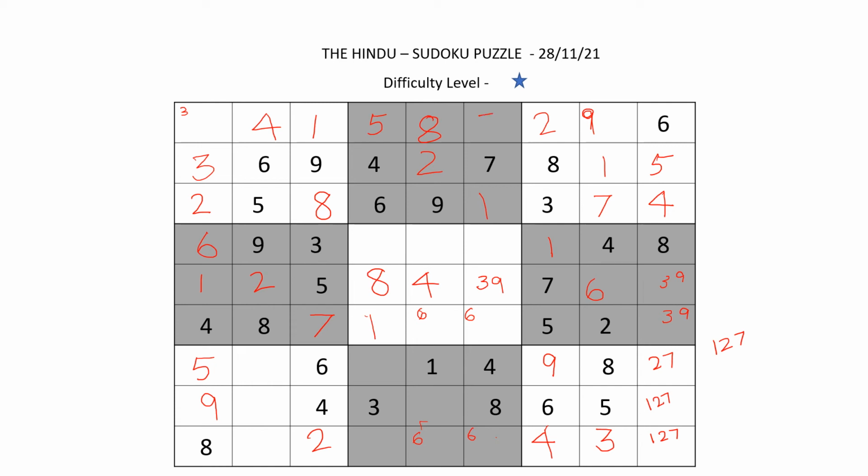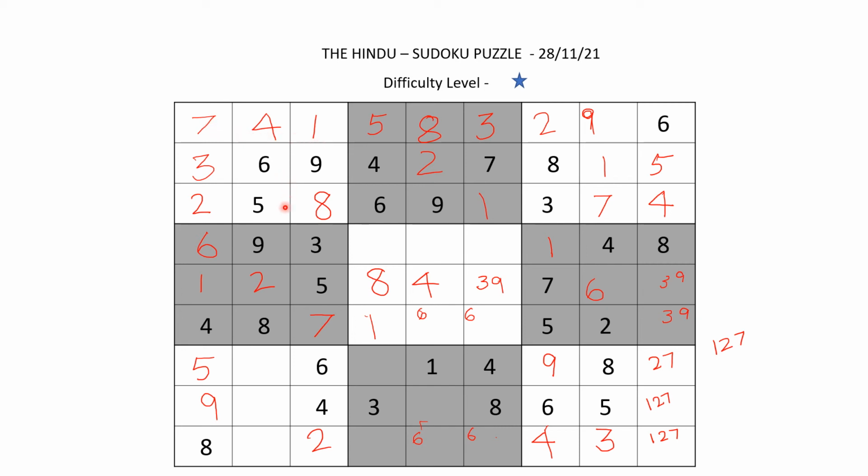So that leaves only one number here. Fine. So now the top section is done. Let's move down here.